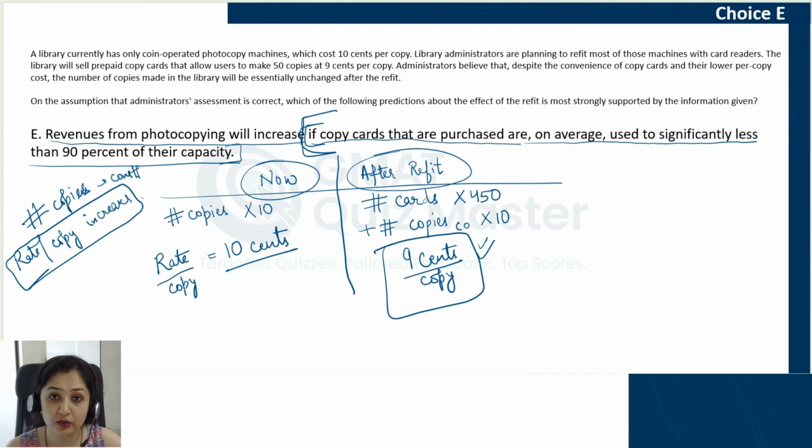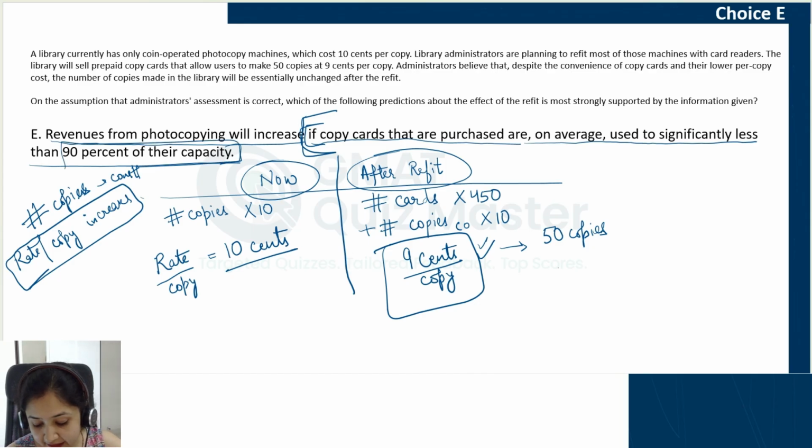However, this is only if people are actually taking 50 copies, right? If here it is given 90%, if they are using this card at 90% capacity, it means that they are taking 45 copies.